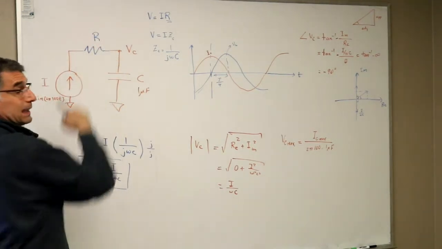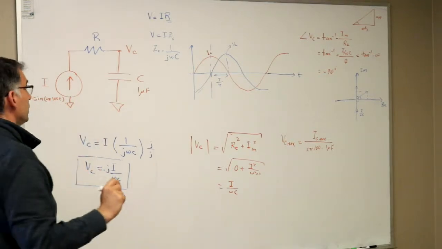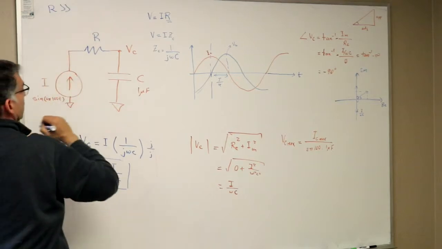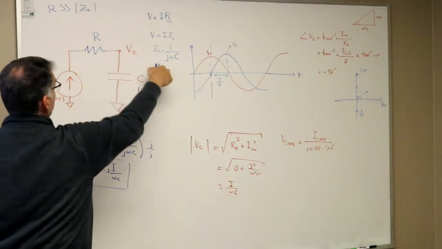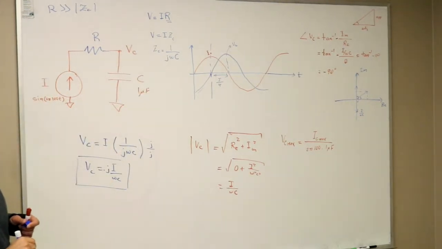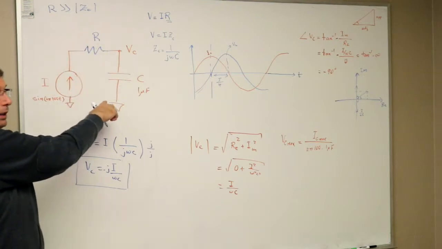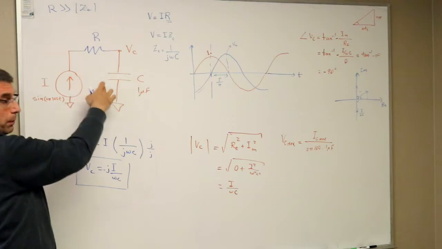Because I need you guys to pay close attention to this, if this resistance is much bigger than the magnitude of the impedance of my capacitor, when I look at the total current going through here, first of all, what is the total current going through here in terms of these two components?